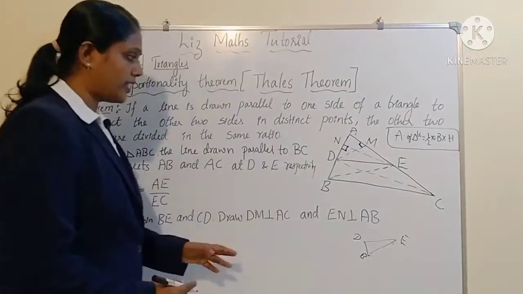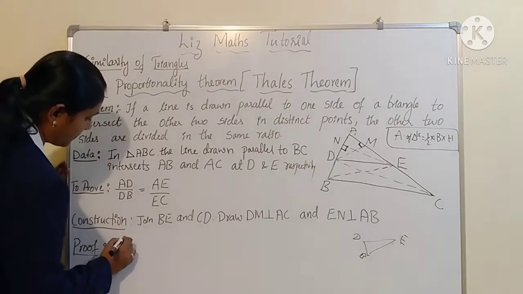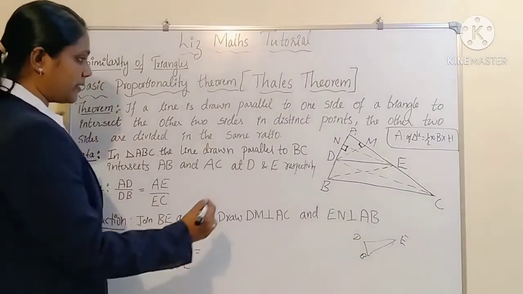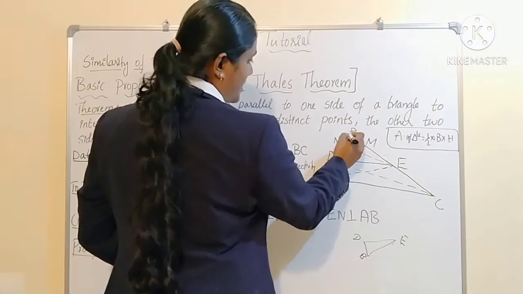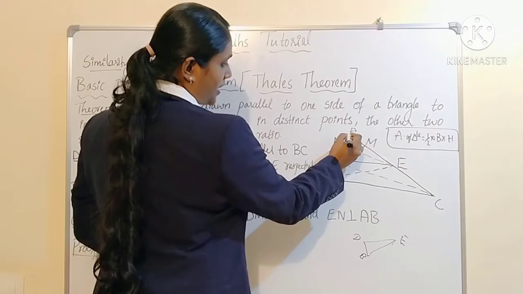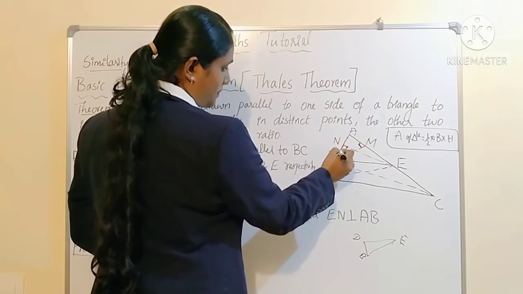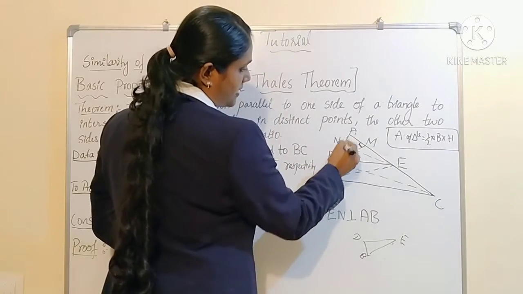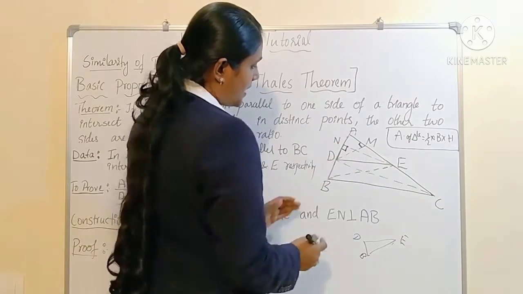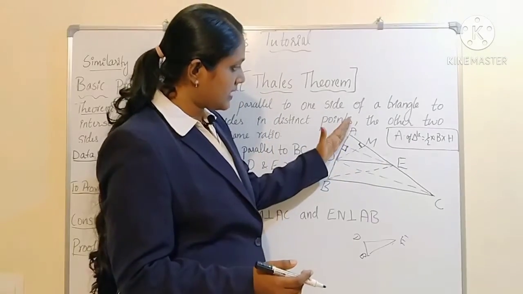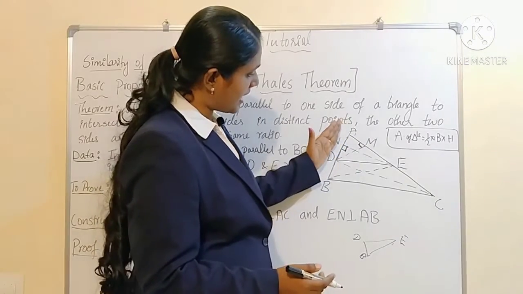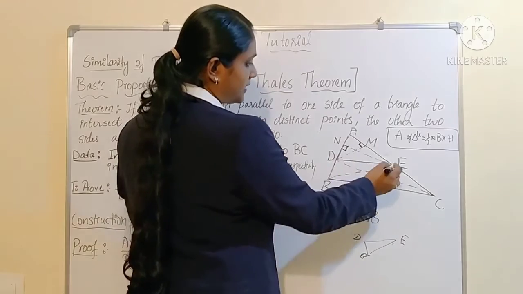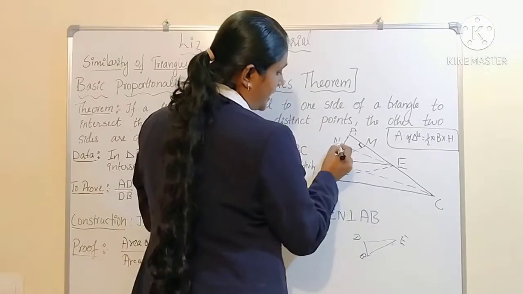First I am going to find out the area of that. So what is that? Area of the triangle ADE is nothing but half. Here you can see this is a base, triangle ADE. What is the height? You can see the height is nothing but EN.